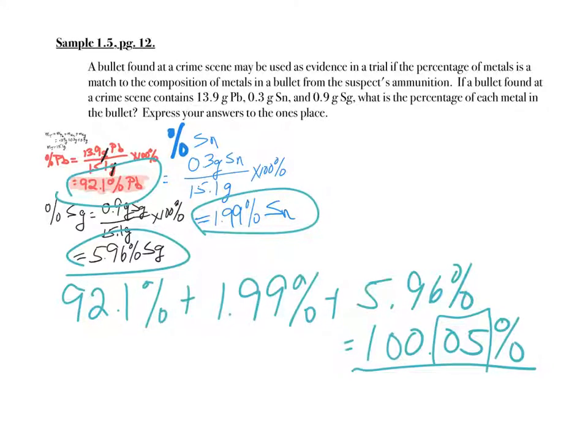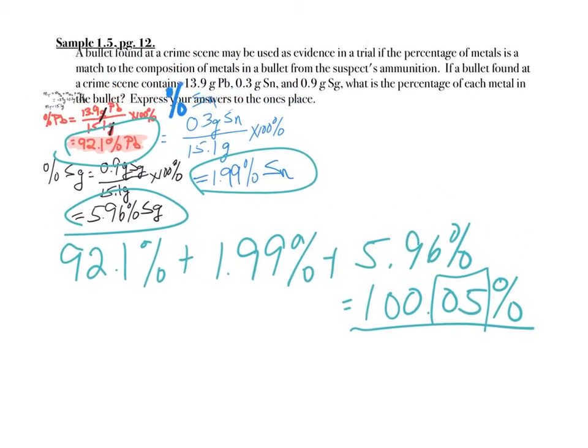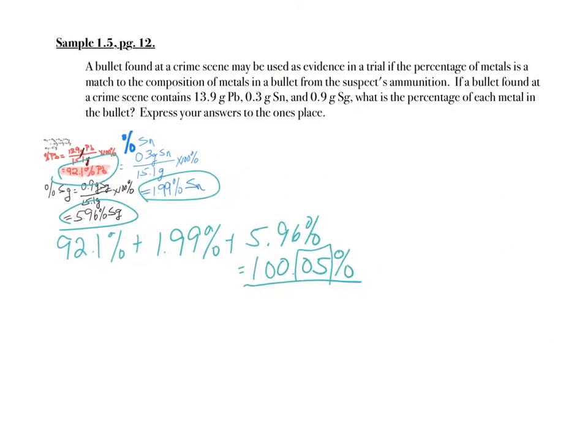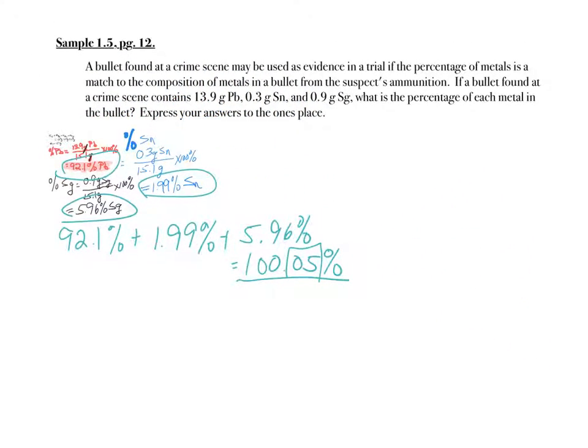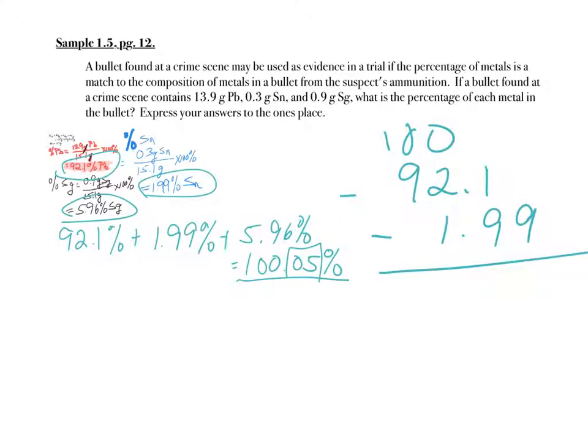So there actually is a second way where you could do it, and it doesn't really matter that much what you do. Say you did lead and tin first and you just didn't want to do that same process. You could just take 100 minus 92.1 and minus 1.99, and you would get the percent of antimony.